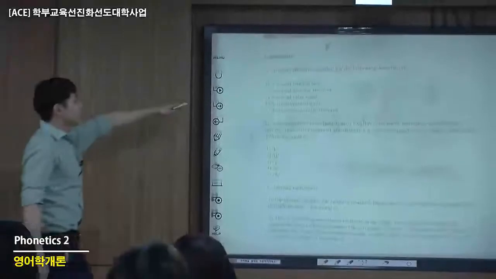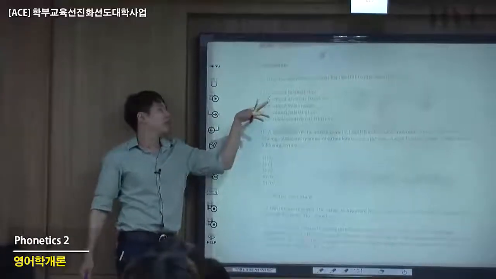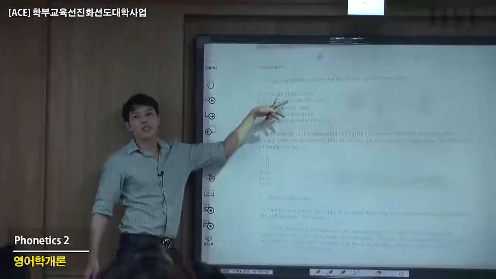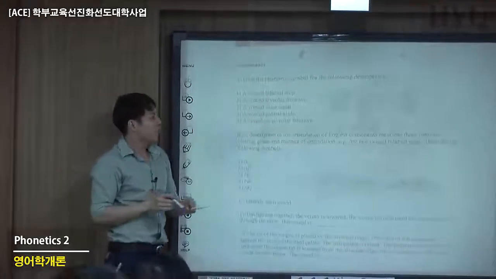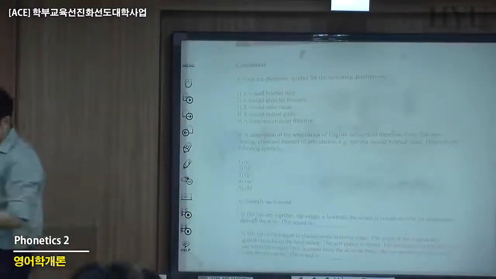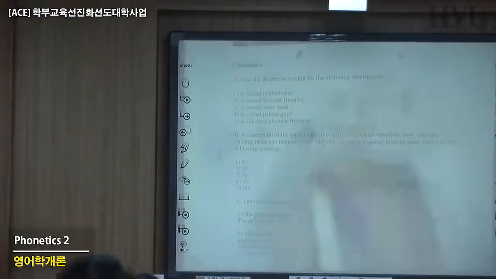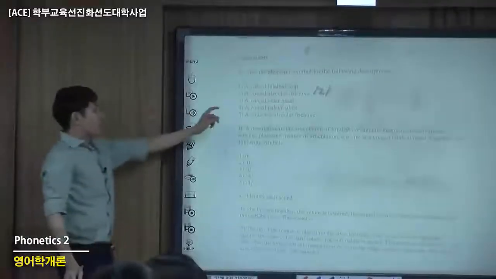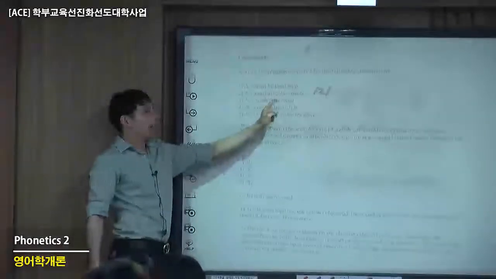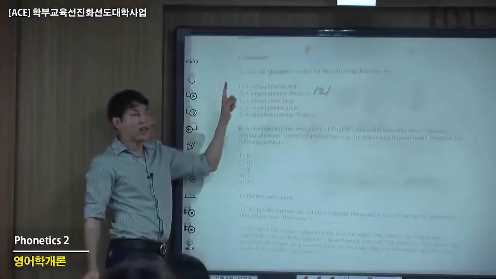So, can you tell me, number 2, we did number 1, right? Voiced bilabial stop, that's the B, right? Number 2, a voiced alveolar fricative, what is that sound? Z, right? Z, like that. Number 3, voiced velar nasal, there's only one, right?